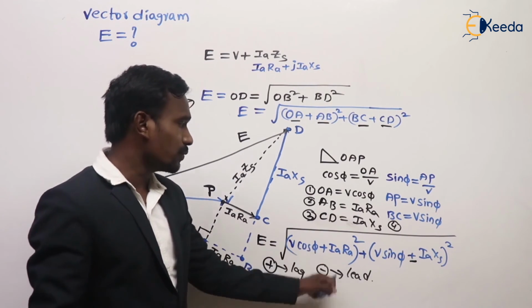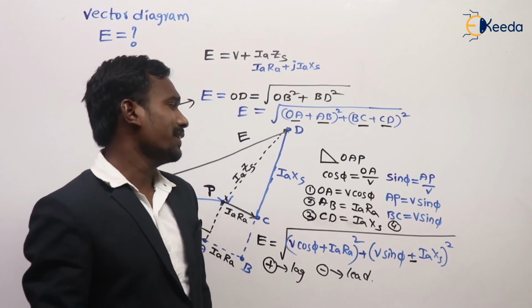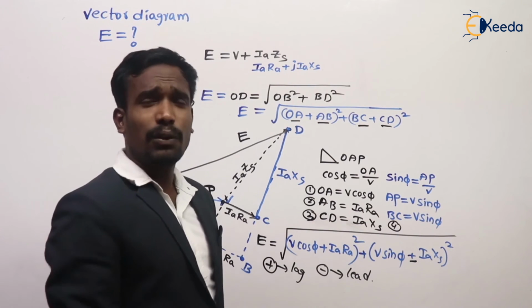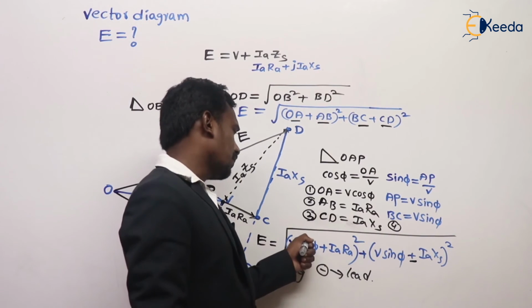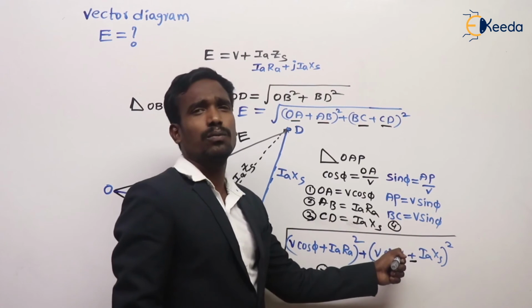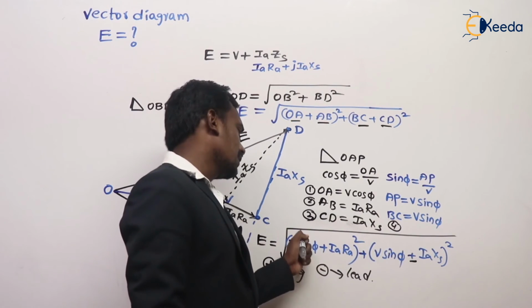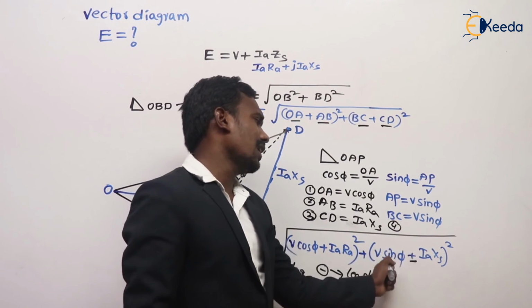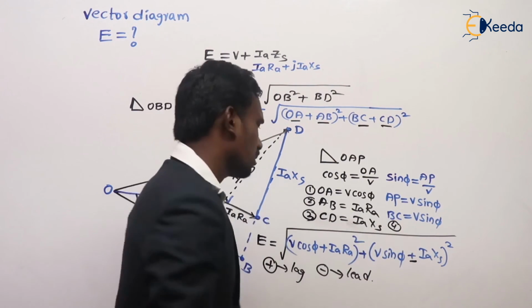Finally, E equals the square root of (V cos phi plus IARA) whole square plus (V sin phi plus or minus IAXS) whole square. For unity power factor, cos phi is 1 and sin phi is 0. When cos phi is 1, this is V plus IARA whole square plus, since this value is 0, IAXS whole square.